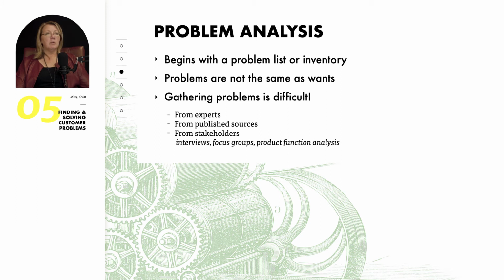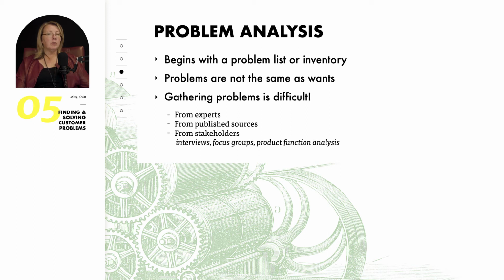So let's start with problem analysis. Problem analysis starts with a set of problems that you can analyze to figure out where you might have some new product concepts. Somewhere along the way, you've got a list of these potential problems in some sort of database that you can look to, add to, or maintain as a company.